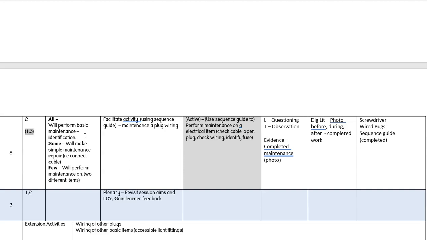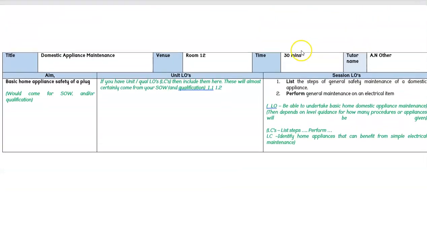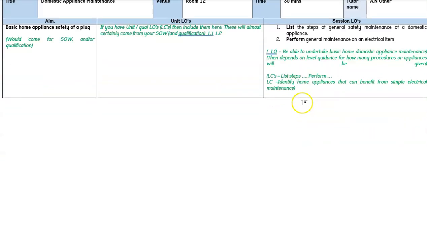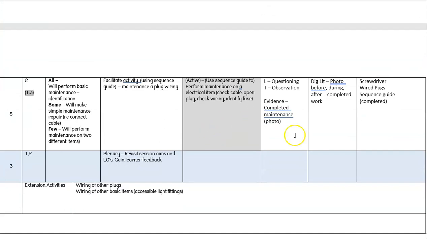So that's differentiated that objective. So you've got all, some, will, or few. Notice the basic, the all, is more or less the learning criteria that we set to perform general maintenance, because if you don't even meet that, then you haven't met the learning criteria or learning objectives for your session.